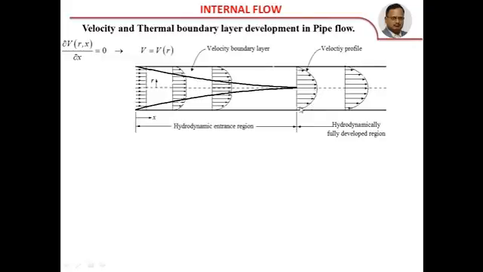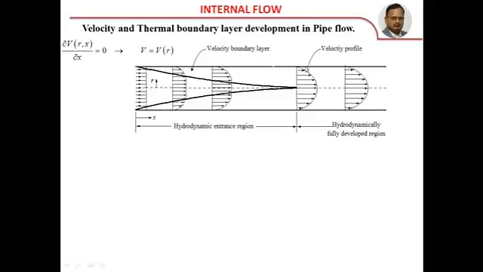At this point, the velocity at the center is maximum, and it reaches 0 at the wall. In case of laminar flow, the shape of the profile that develops is a paraboloidal profile. And once you leave this point, the velocity profile at any point in the pipe remains the same. There won't be any change.